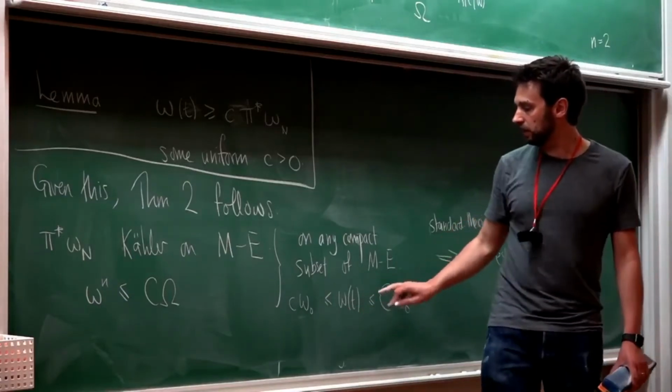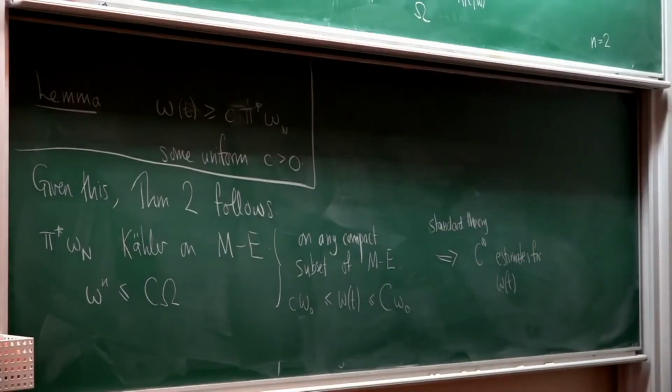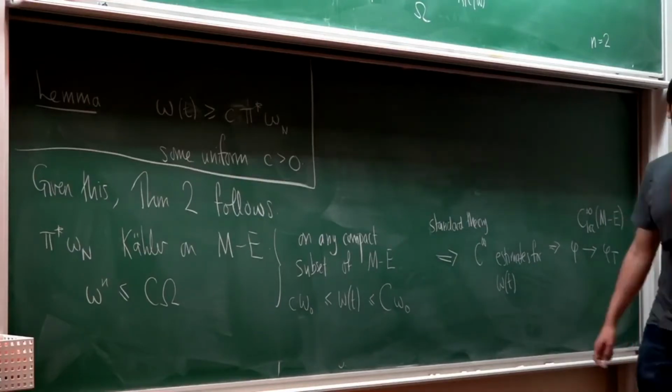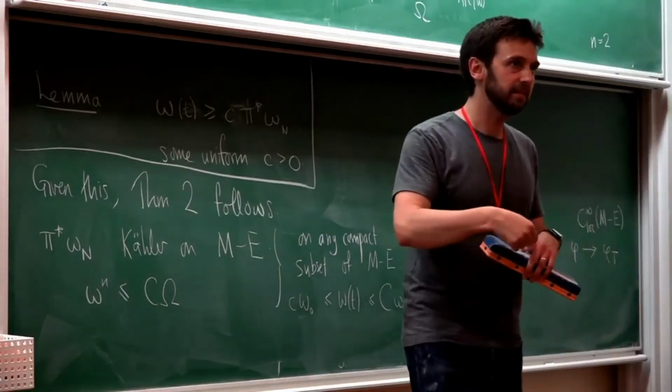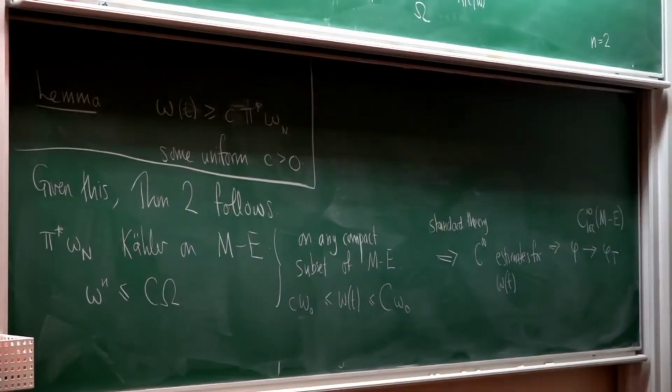This is saying that you have uniform ellipticity, and then you get all the estimates, and that implies that phi must converge to phi t smoothly on compact subsets of m minus E. Once you know that you converge to something and you have all the estimates, you can apply Arzelà-Ascoli or whatever. You must have smooth convergence on compact subsets.